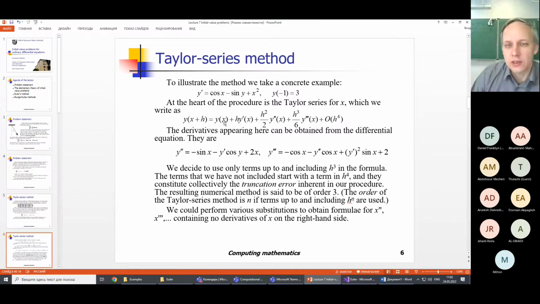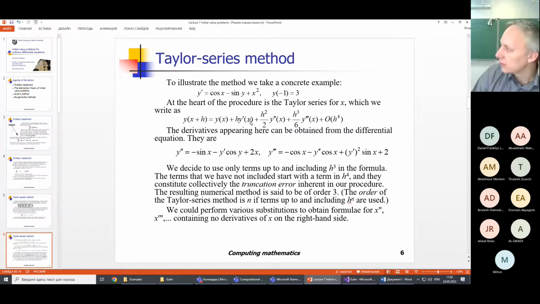So the basis of the method is a Taylor series for y of x. We can write the Taylor series in this form.